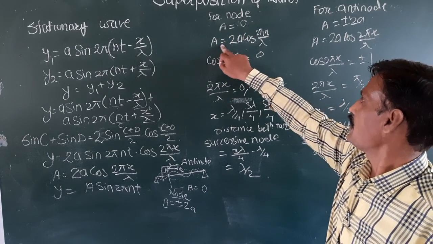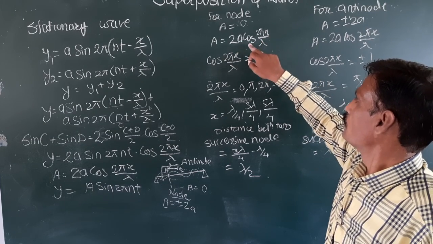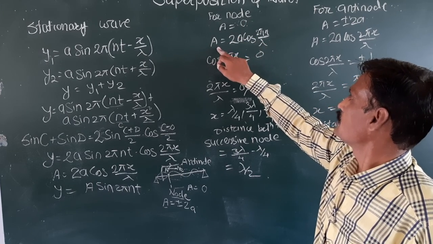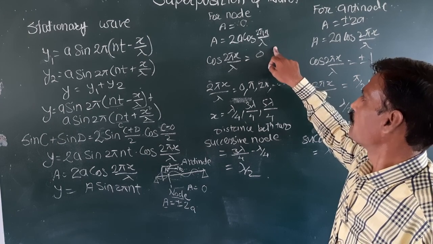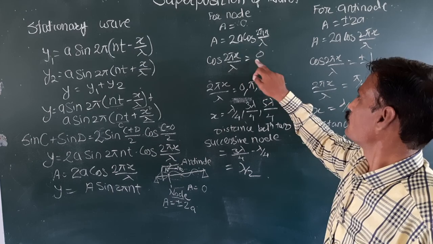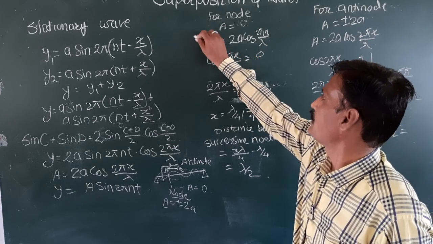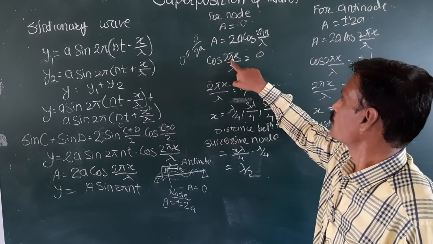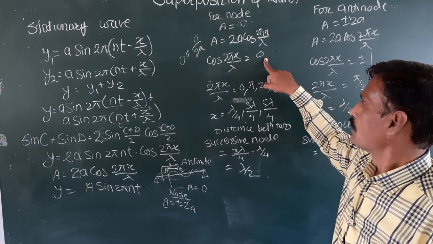But we know that A is equal to twice a cos 2 pi x upon lambda. Putting A equal to 0 in this equation, 0 is equal to twice a cos 2 pi x upon lambda. So cos 2 pi x upon lambda is equal to 0, bringing twice a across, 0 divided by twice a is equal to 0.